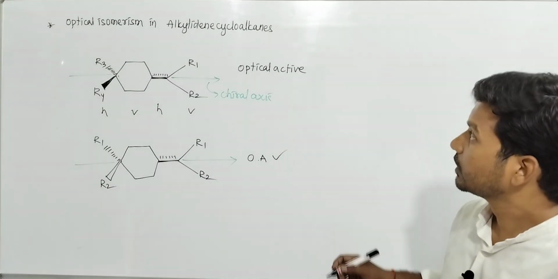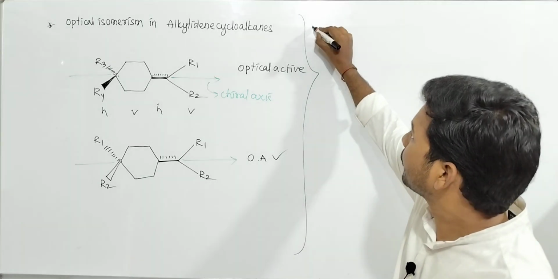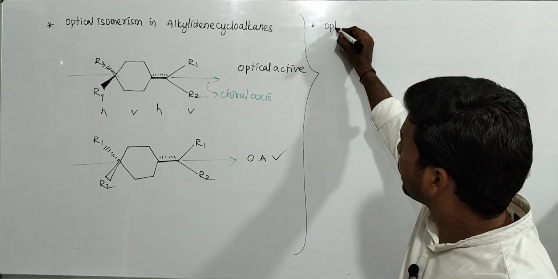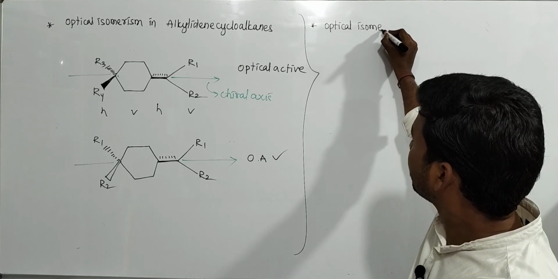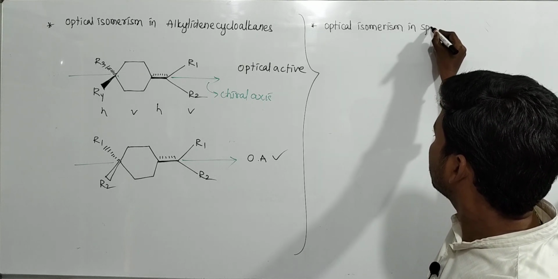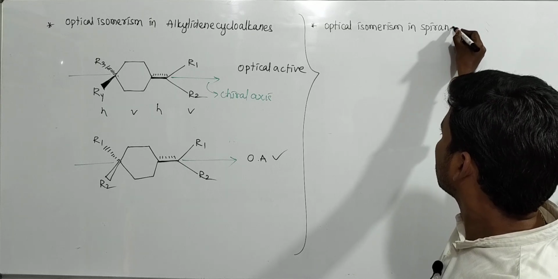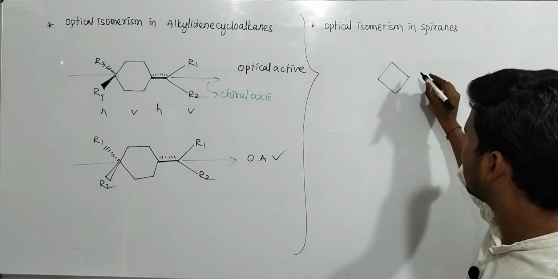Spiranes. Optical isomerism in spiranes. Like this, one is vertical.